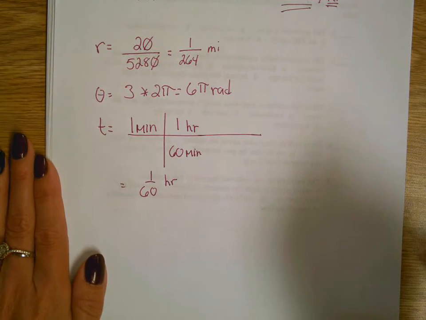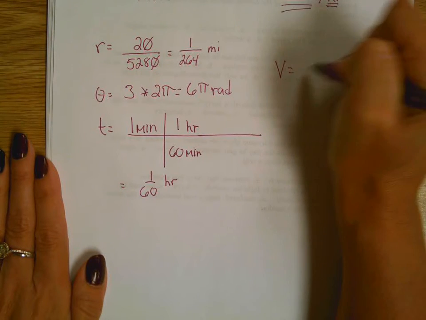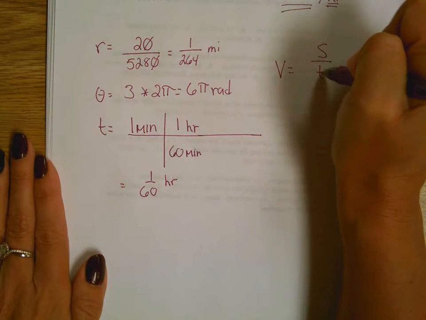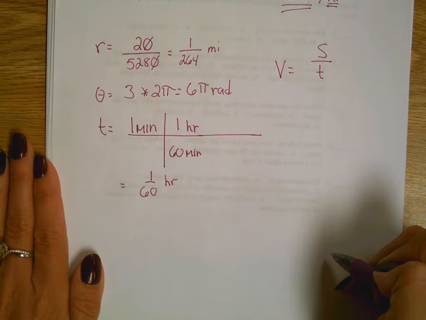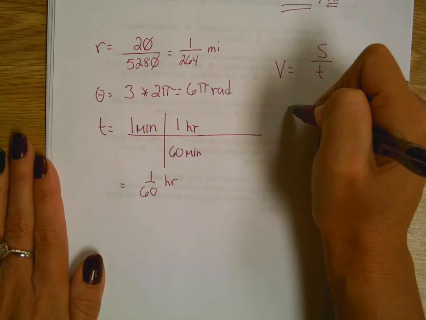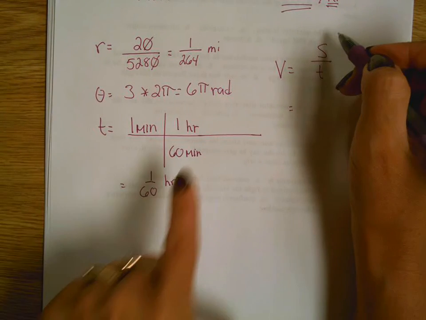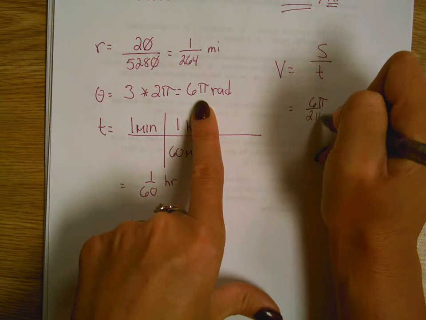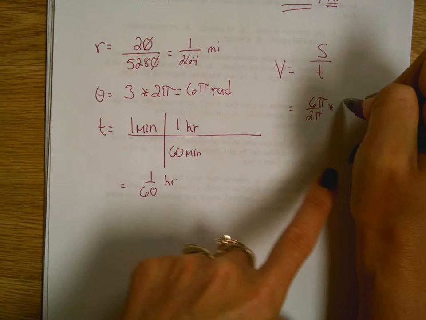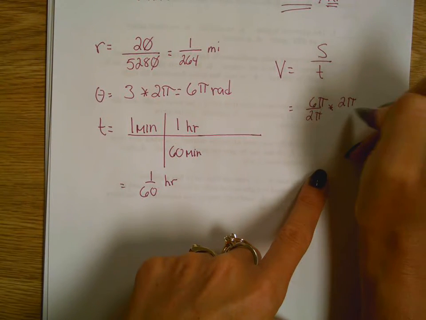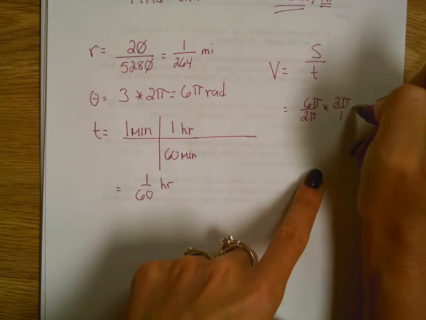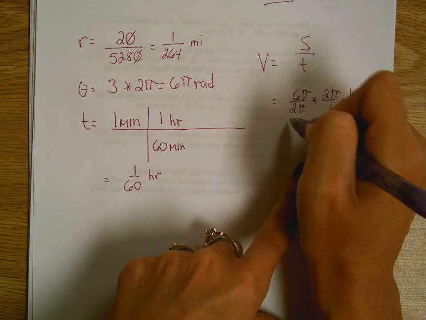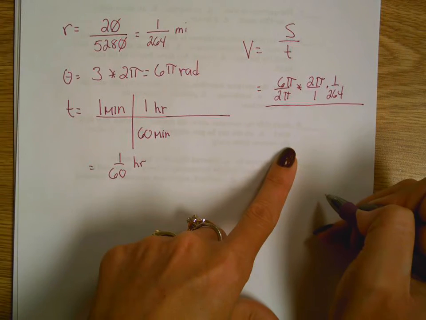Now it's just plug and chug. Okay, so we're finding big V. So S is our fraction, 6 pi divided by 2 pi, times 2 pi r. Divide by our time.